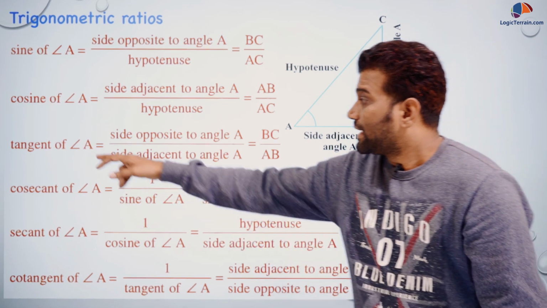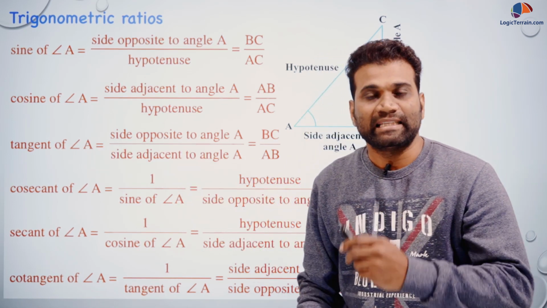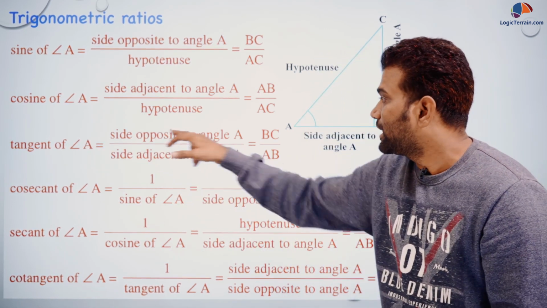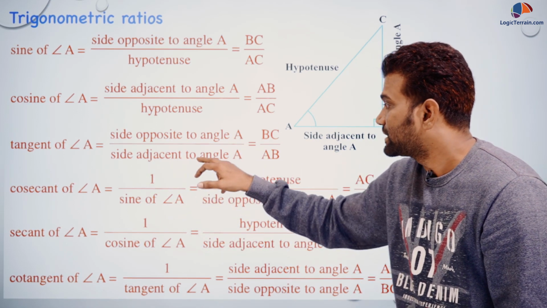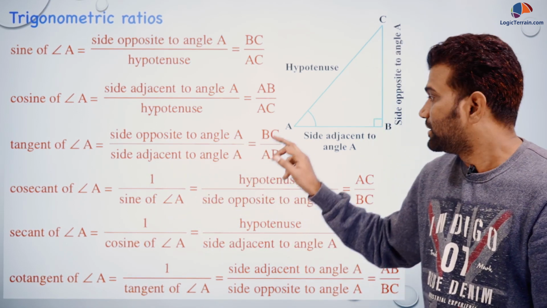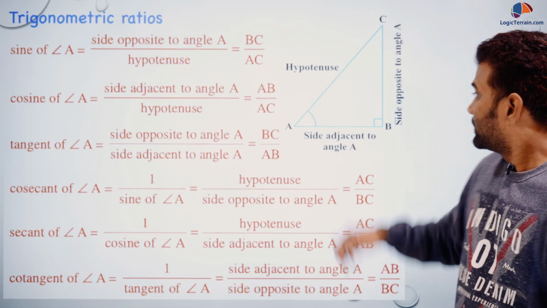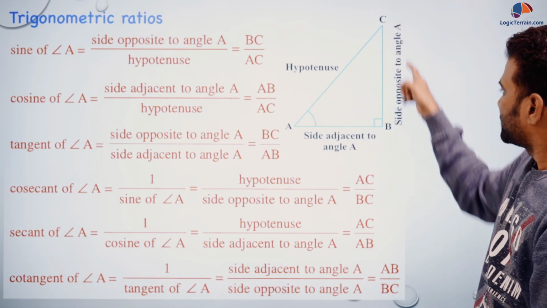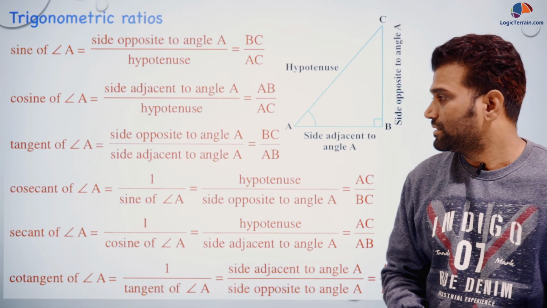And tangent of angle A, that is tan theta or tan A, is equal to the side opposite to angle A upon the side adjacent to angle A, that is BC upon AB, which means perpendicular upon base, right?